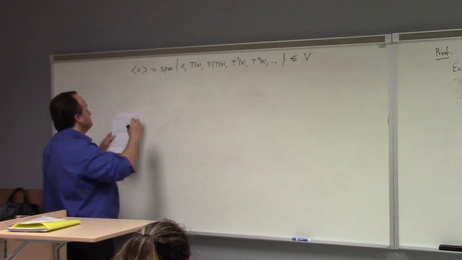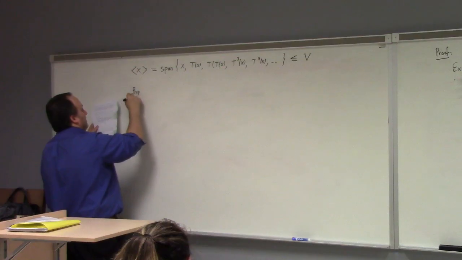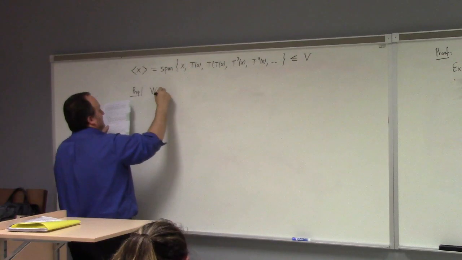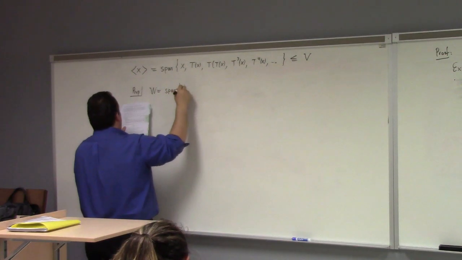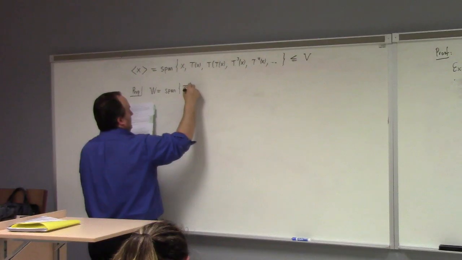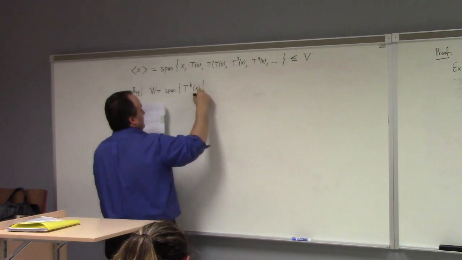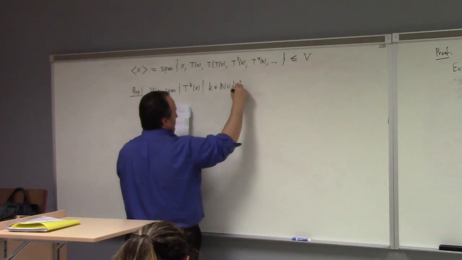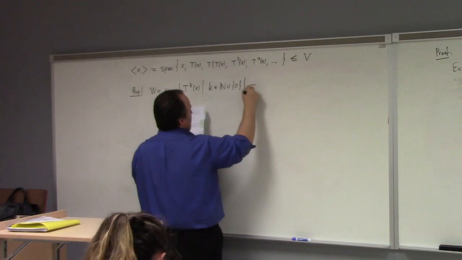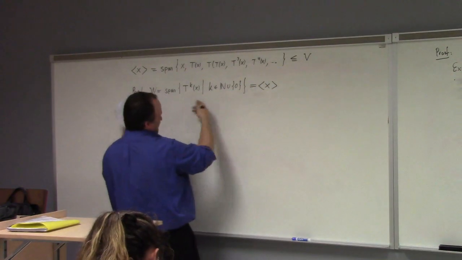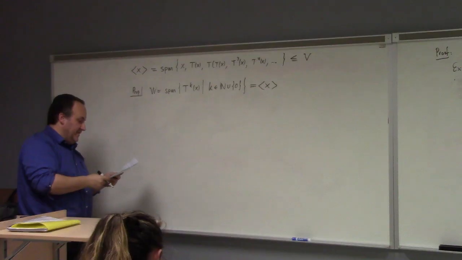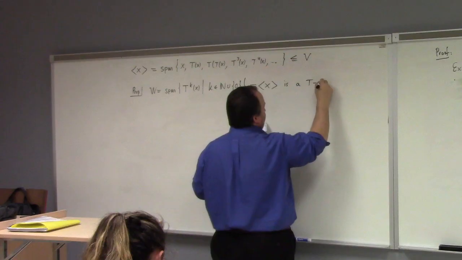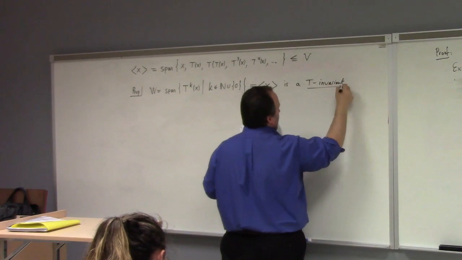But here's a proposition. If we let W equal the span of T to the k of x such that k is an element of the natural numbers with 0 thrown in, in other words, exactly what I have above, then this is a T-invariant subspace.